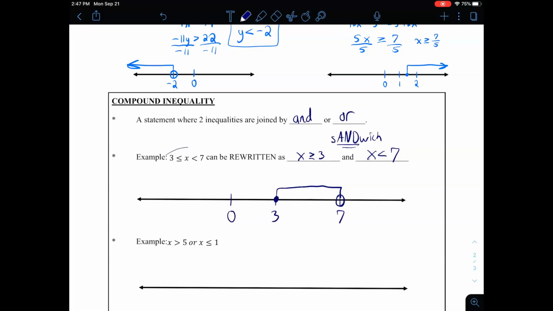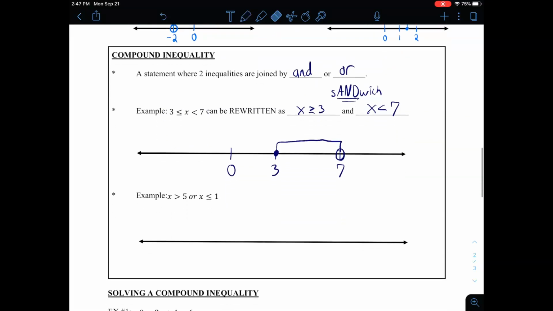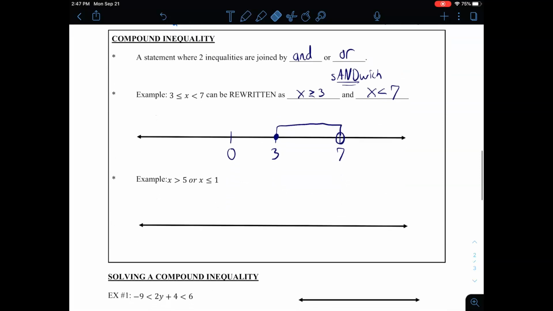The numbers are greater than or equal to 3 and less than 7, so both conditions must be true. That's all you really have to know: you sandwich them, because those are the numbers that satisfy both inequalities.